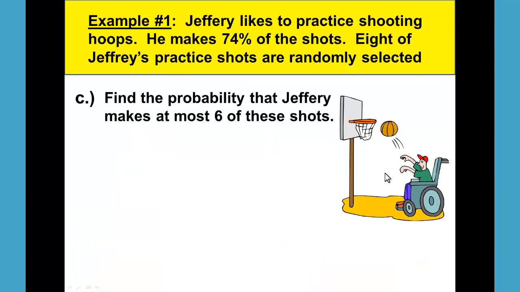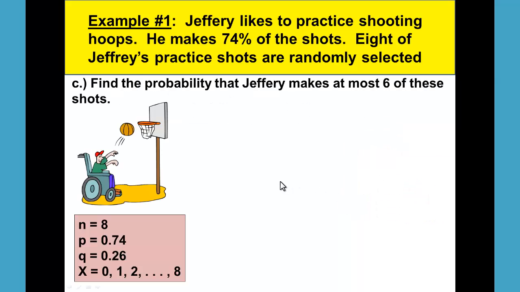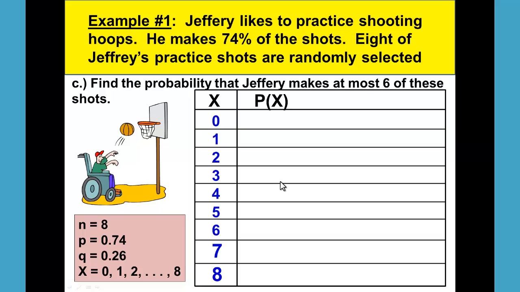Part C asks us to find the probability that Jeffery makes at most 6 of these shots. At most would be 6 or less. Now, 6 or less circles 7 numbers.